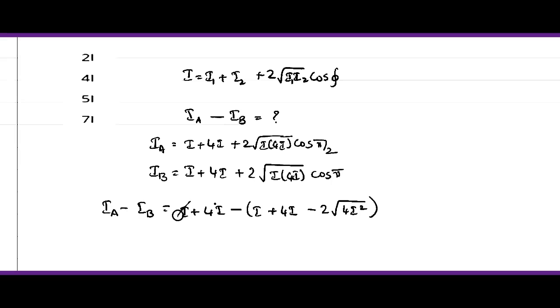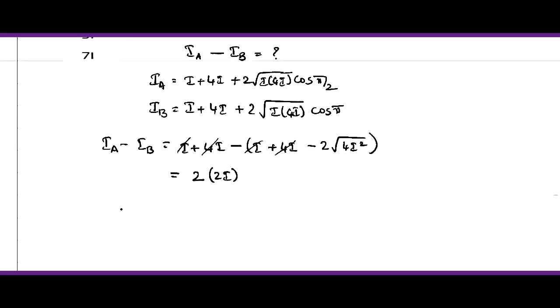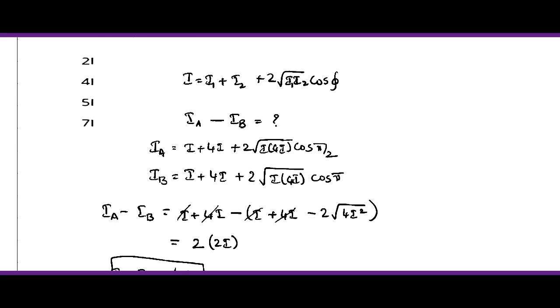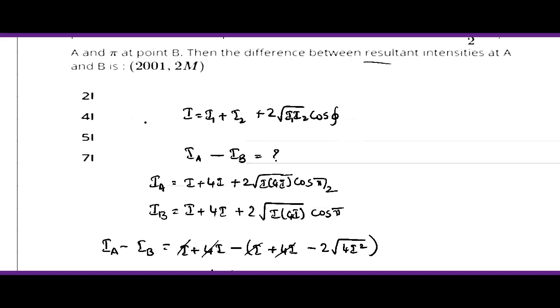See, I and 4I get cancelled with each other here. So you will be retained with minus into minus, plus 2 into root 4I square, which is 2I. Okay. So finally you get the difference between the intensities IA minus IB as 4I. So 4I is the difference between the intensities at points A and B. So 4I, option B, is the right answer.